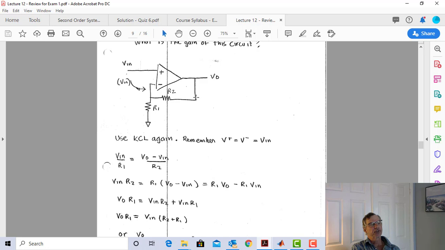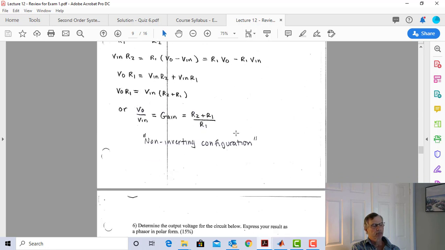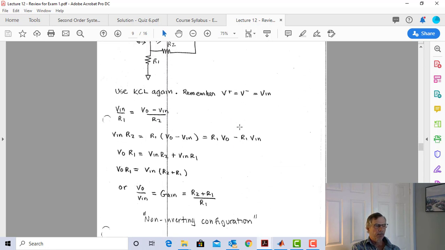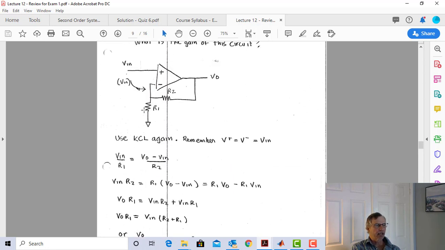And R2, I'm going to make that a 0 ohm resistor. It's going to be a short circuit. So it's going to look like there's nothing here, just a wire going from the output to the input. So that means R1 is infinity and R2 is 0.